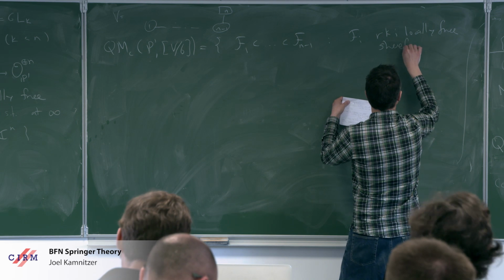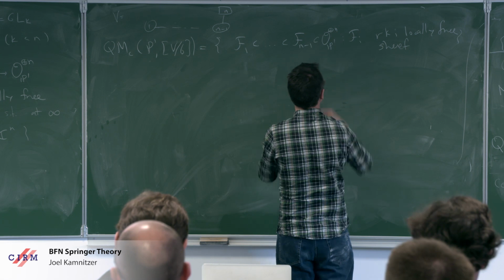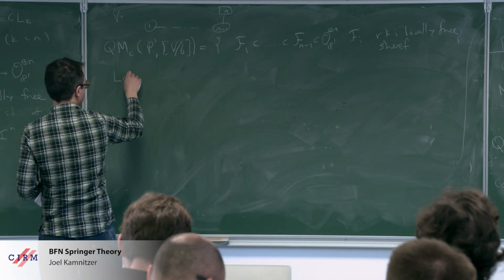And they're all embedded into each other and ultimately embedded into the trivial vector bundle. And this space is called the Laumon space.